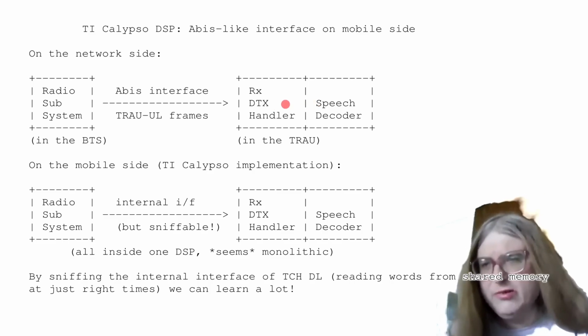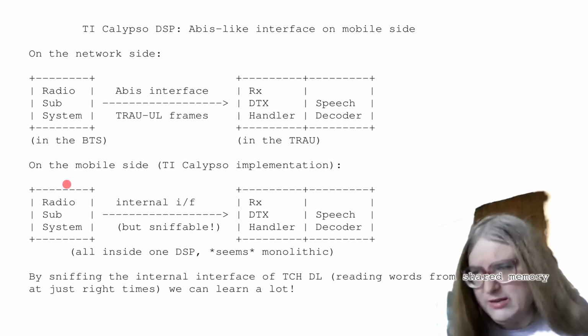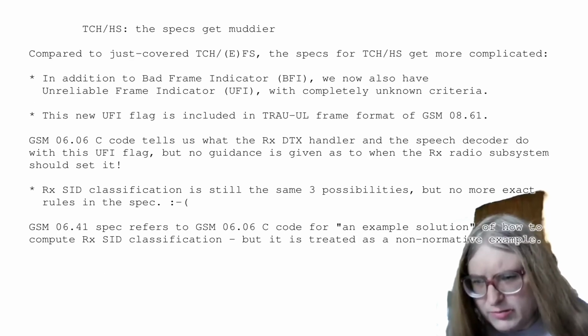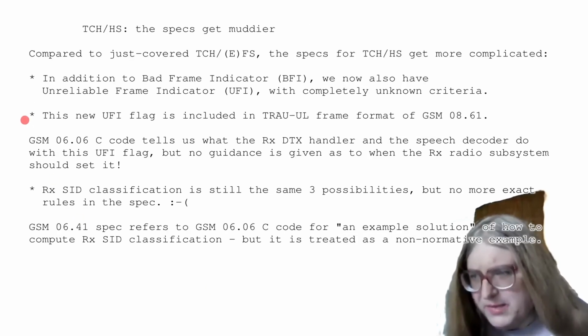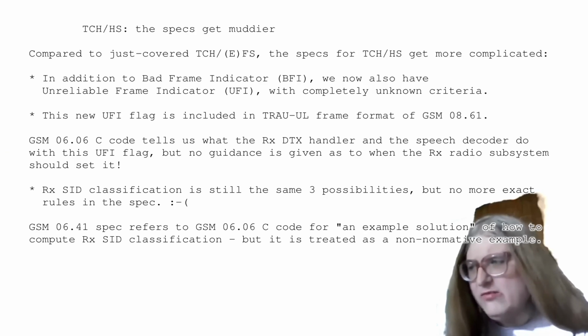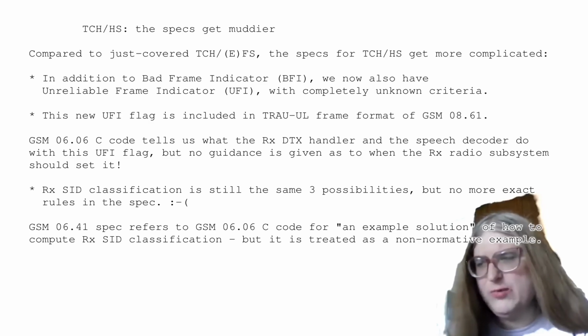The spec gives you a bit-exact reference implementation, which everyone follows. So we know what happens here. It's this part that's murky. So again, I'll go back to the slide that we're supposed to be on. Here we have this new UFI flag, and we know exactly what the RxTX handler is supposed to do with it. It has the prescribed logic.